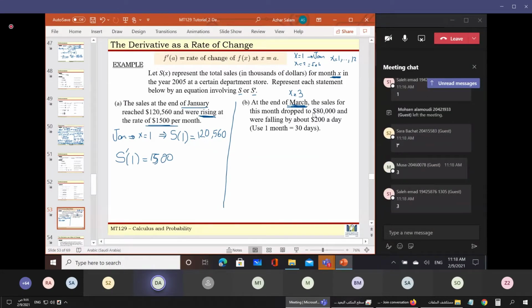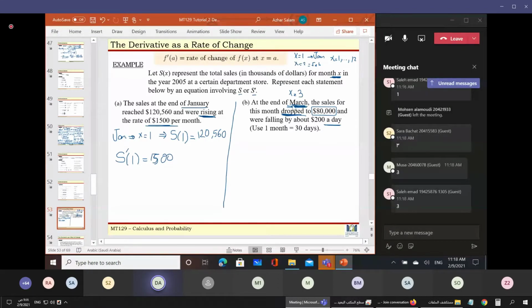The sales for this month dropped. Okay, there is a decrease in sales here. Dropped to this value, which is 80,000, and we're falling about $200 a day. Each day it dropped $200. Okay, it's falling $200 per day.